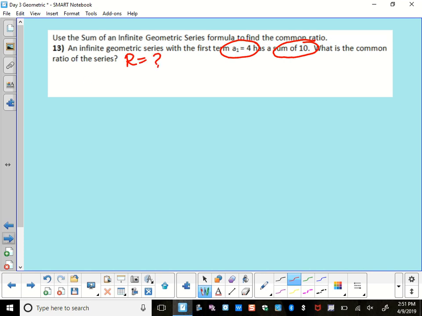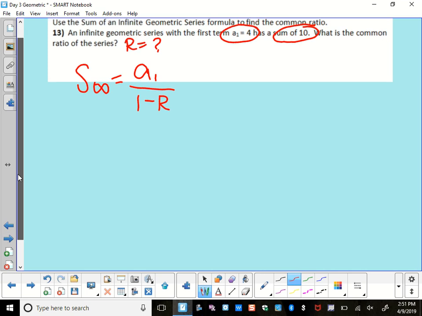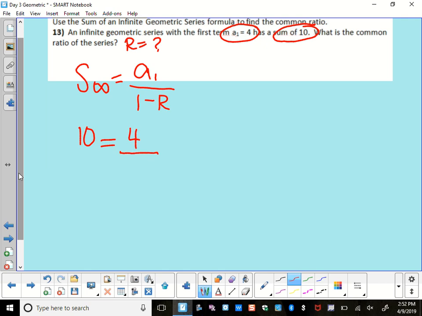Well, we're gonna fill everything out as we should. That's my formula, right? For sum infinite. They told me that my sum was 10, so that goes there. My first term was 4, divided by 1 minus r, because that's what I'm solving for.